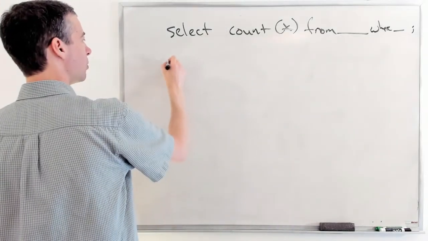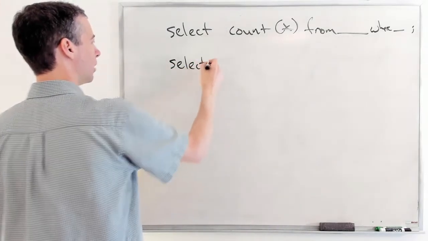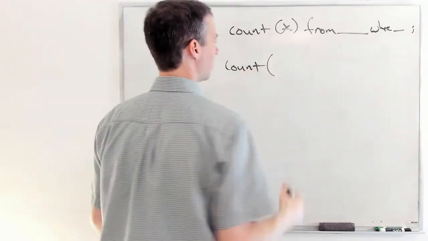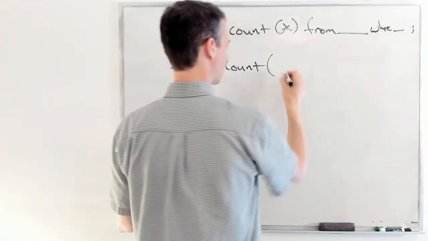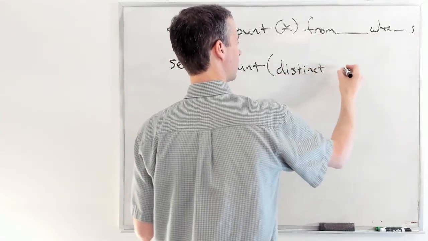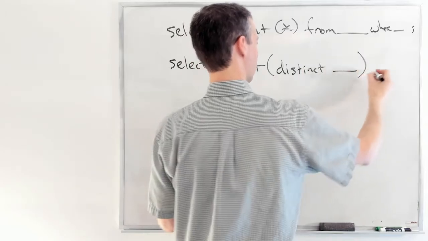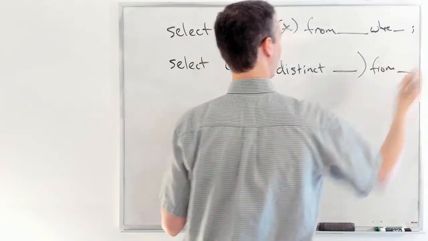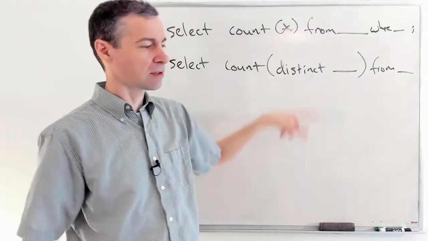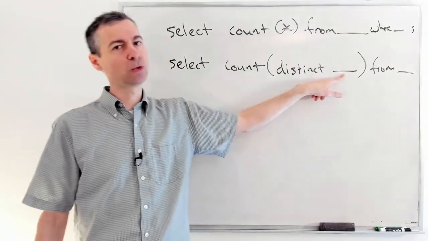But sometimes you want to know how many unique things there are. So you can do select count, and of the resulting rows, you take this column and you slap a distinct before the column, from blah. So you've got this column name here, but the distinct says there could be duplicates in this.